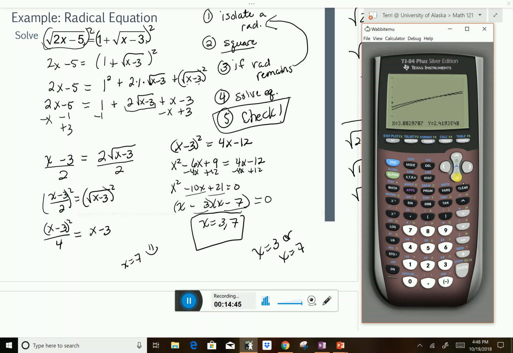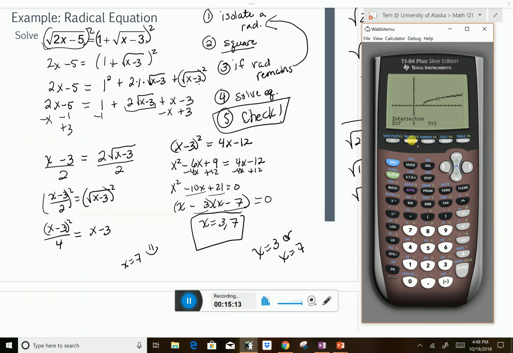And we can probably find the other one. So let's try it. Intersection, first, second. I know I'm close to 3, so let's hope that works. I still got the x equals 7. Okay, let's see if we can find the other one.